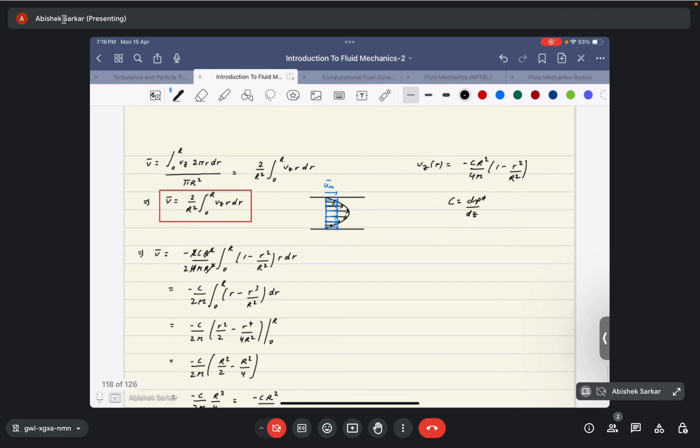So now we try to find the average velocity of the flow through the pipe.